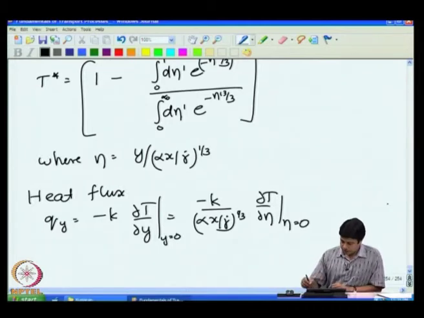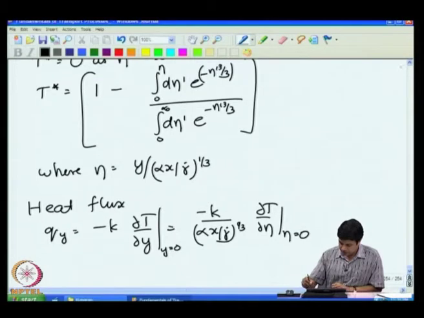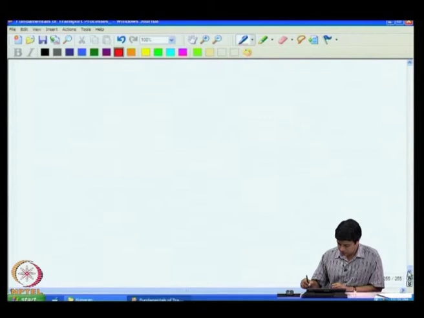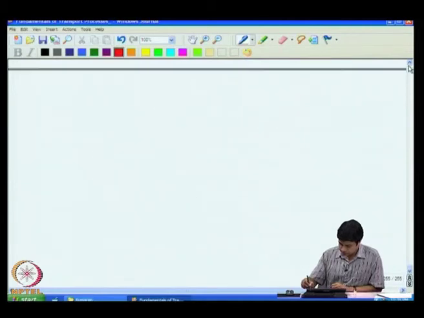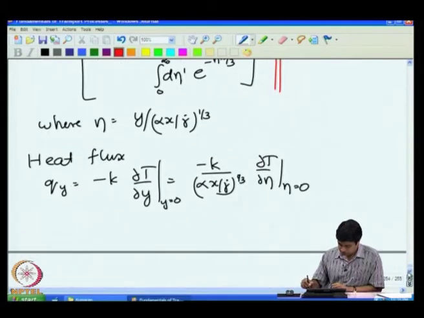And dT by d eta at eta is equal to 0 can be quite easily calculated from this solution here. Okay. From this solution here, dT by d eta is just equal to minus. Okay.